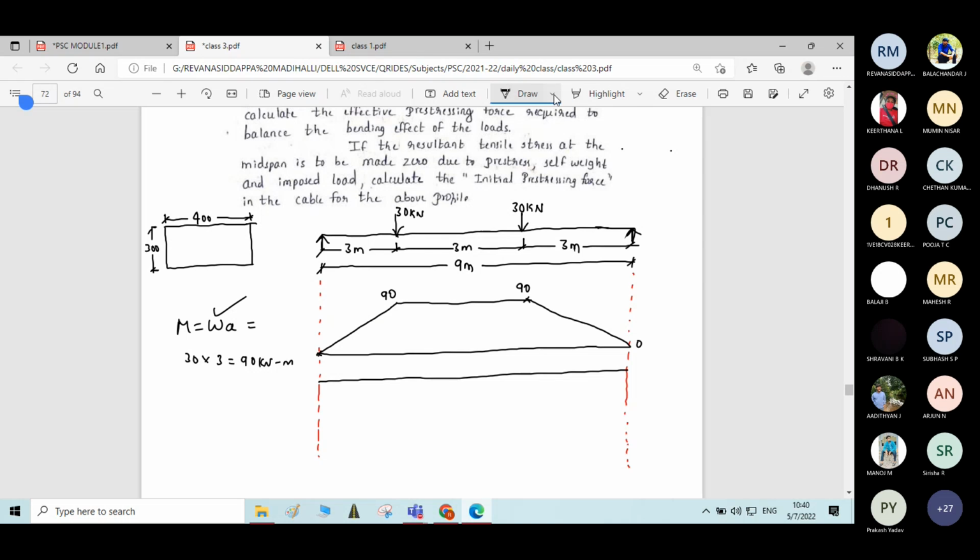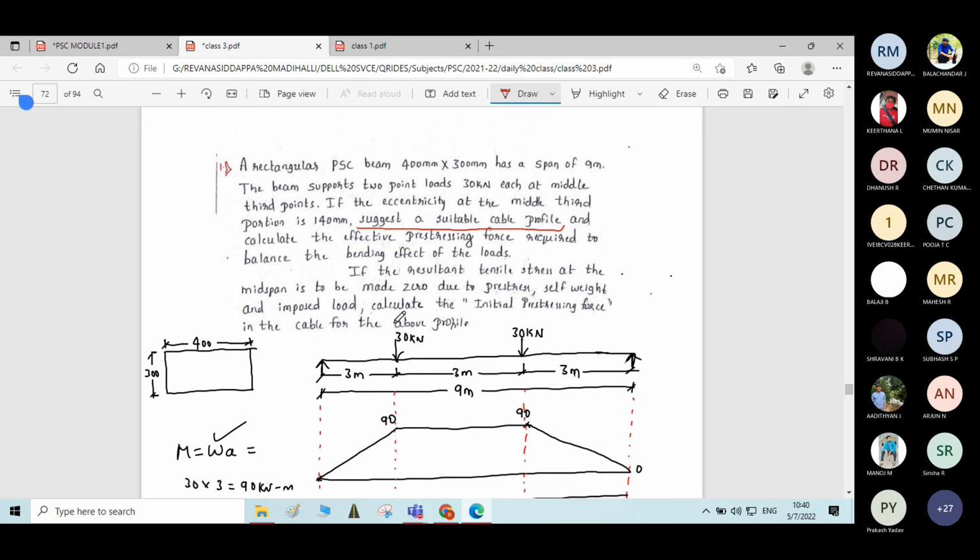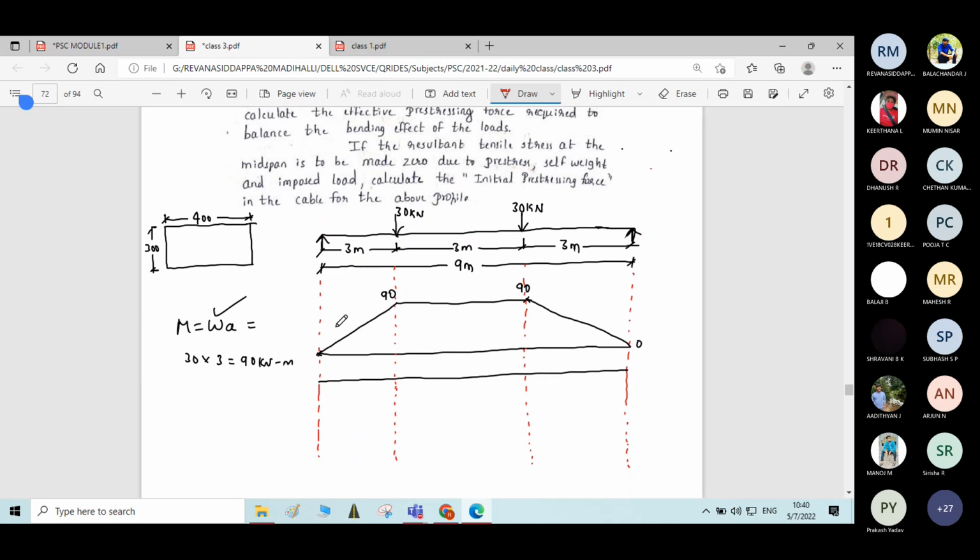Let me write the dotted line. Like this, opposite to the BMD.